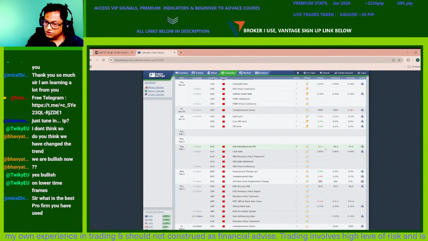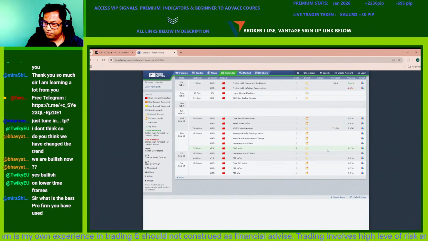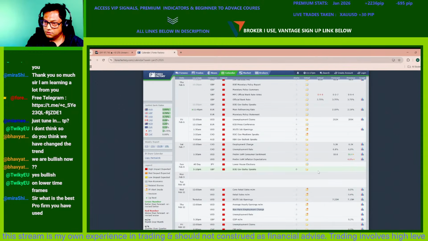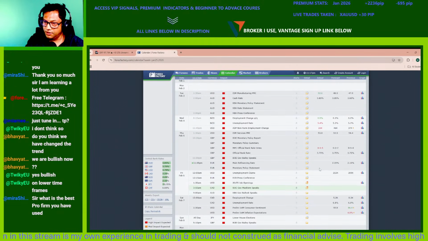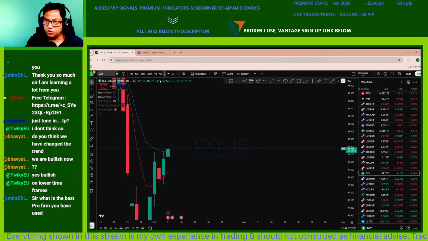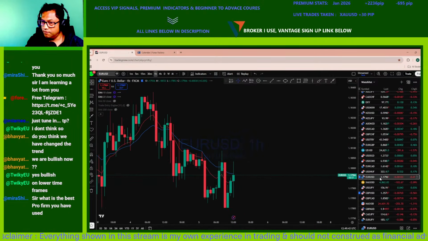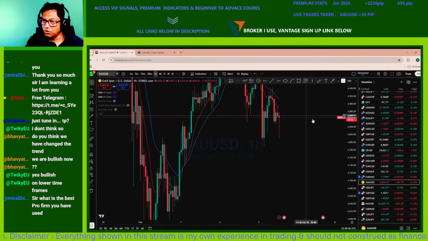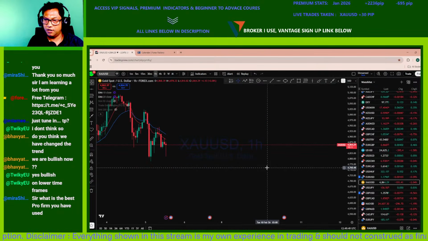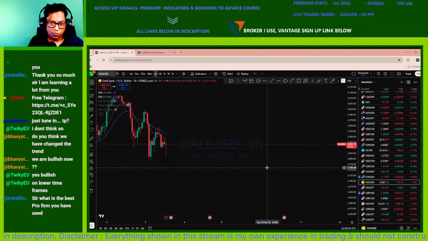So ADP non-farm employment change here 22k, followed by unemployment claims coming later. So now the data is significant to see the overall market direction. How the market is showing up with the upcoming data is important to see, in fact, the overall movement in the market.